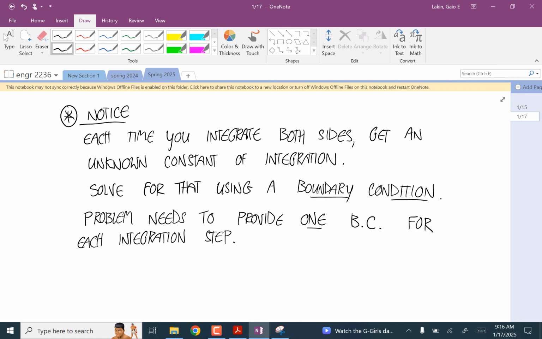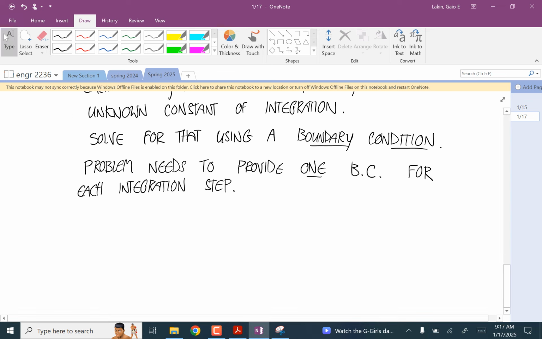In engineering applications, you're pretty much always going to know the boundary conditions. Instead of coming up with a general solution, we're going to come up with a solution for that specific set of boundary conditions. So that's the difference between what we want and what mathematicians want.